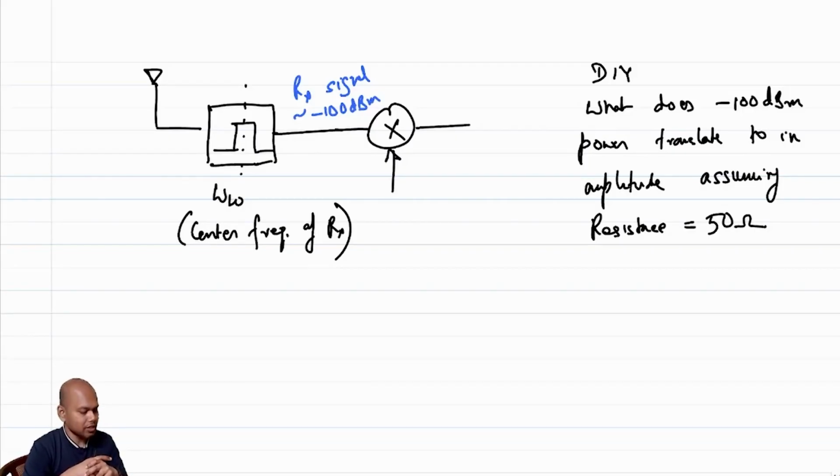The reason is that, fundamentally, each device that we have is limited by some intrinsic noise. Noise is something we'll talk about in future lectures in quite some detail, but for the time being, be cognizant of the fact that each active device will produce some inherent noise, regardless of whether you transmit anything or not.